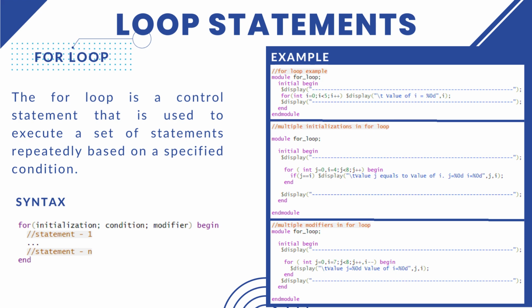In SystemVerilog, we can also declare and initialize multiple variables inside the for loop. Let's take a look at an example. In this example, we have declared and initialized two variables, I and j, inside the for loop. We have specified the condition to execute the loop while the value of j is less than 8.